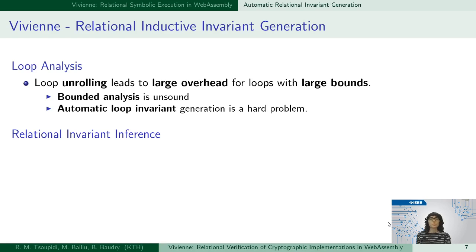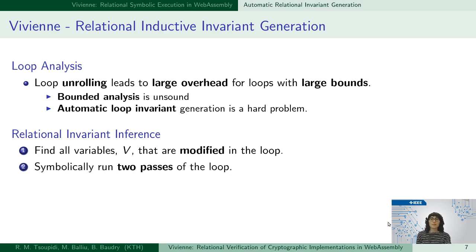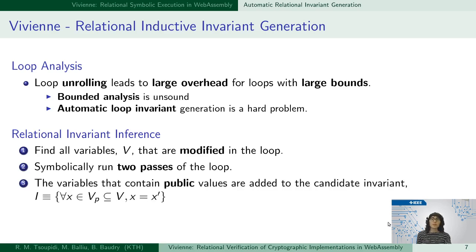The procedure to do that is as follows. First, we find all variables modified in the loop. Then we run symbolically two passes of the loop. We generate a candidate invariant that declares the variables containing public values during the two passes as public.